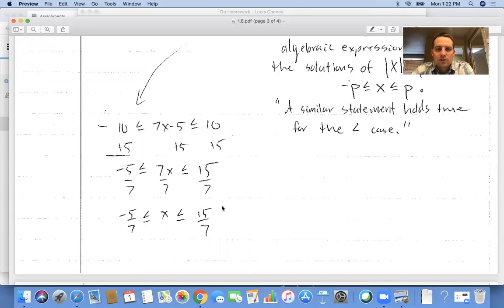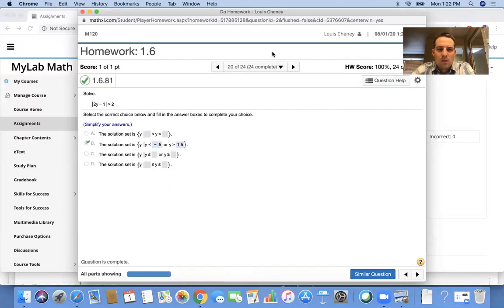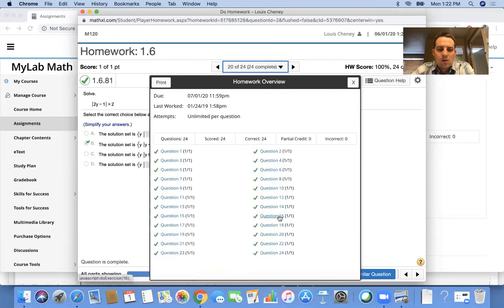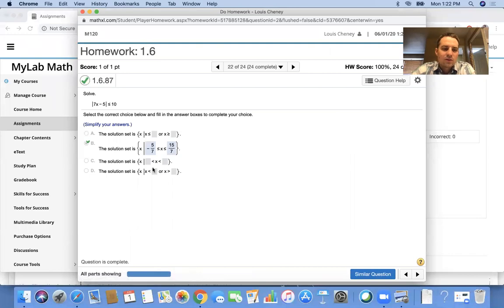Let me show you what the answer looks like for 22. Okay, there's 22. So your inequality notation: lowest value goes on the left, highest value goes on the right.